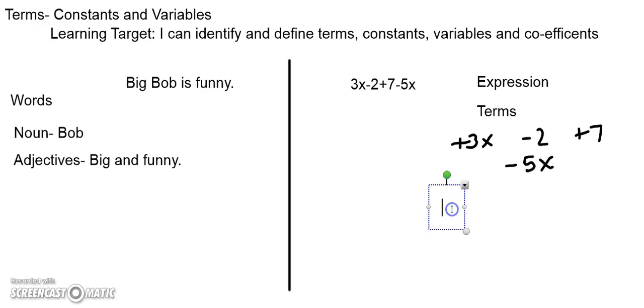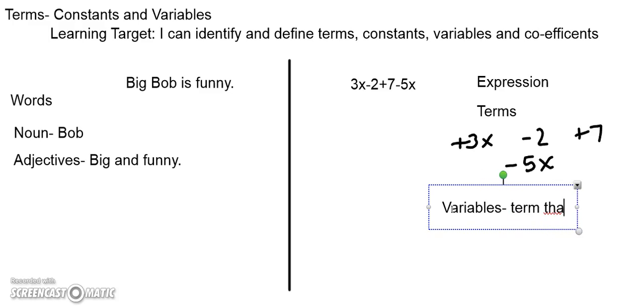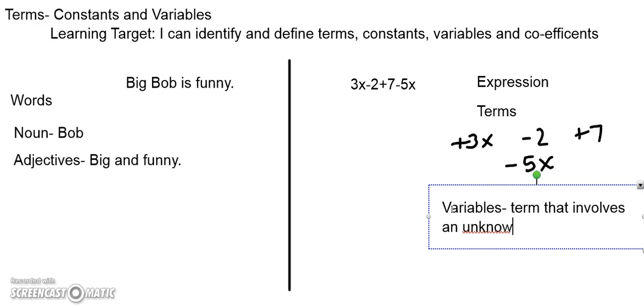All right, so there are two types of terms that we need to learn about. The first type of term involves variables. Okay, variables are any term that involves an unknown. We represent variables with letters.